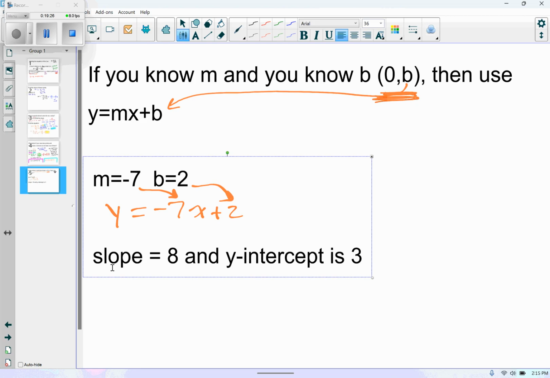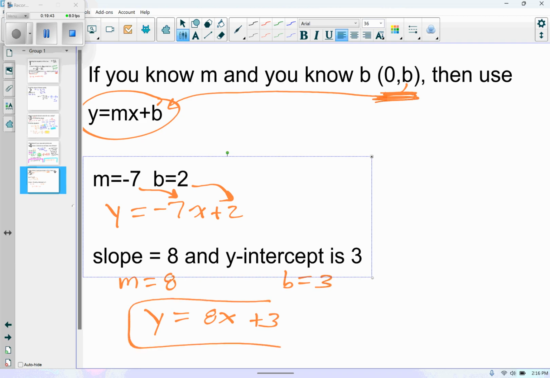Sometimes they might say, hey, the slope is 8 and the y-intercept is 3. Well, if the slope is 8, that means m equals 8. Y-intercept is 3. That's b equals 3. Just plug them directly into this equation. So you get y equals 8x plus 3. And there's our equation. So these are two different problems that are done two different ways.